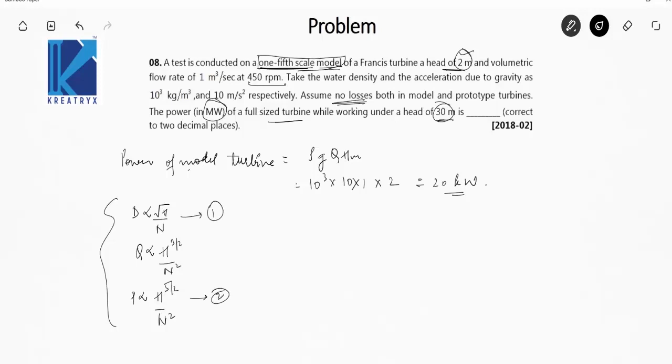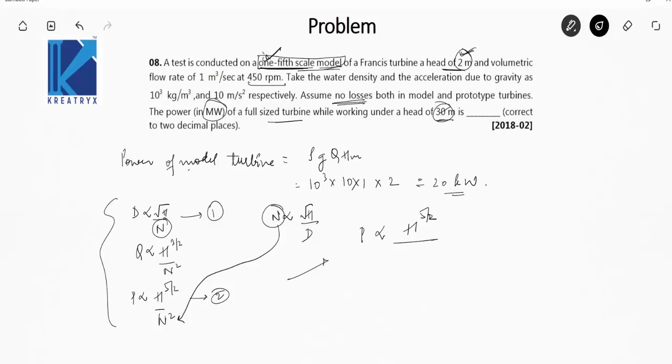How? I will replace n from this equation, like n will be directly proportional to root h by d, and I will put this in equation 2 so that I will get the final relation in power, head and diameter. Why have I done this? Because we have been given a relationship between the diameters of both the turbines and we know the effective head of both the turbines. So putting these values, I'll get the power of the prototype turbine. So power will be h raised to the power 5 by 2 upon n square.